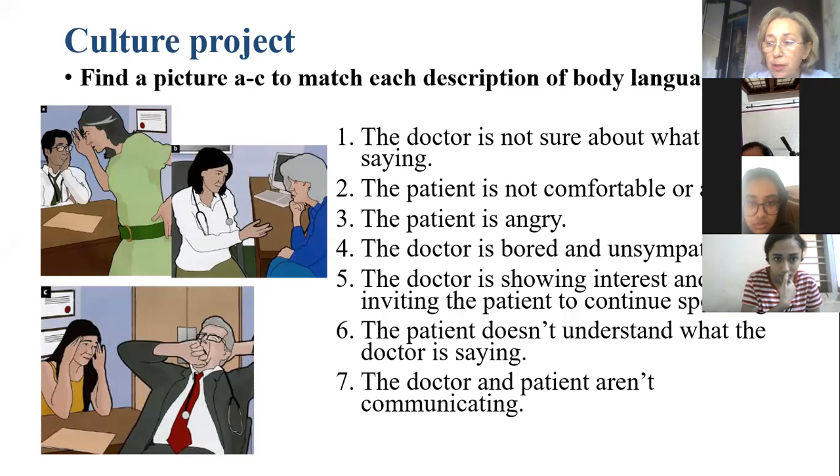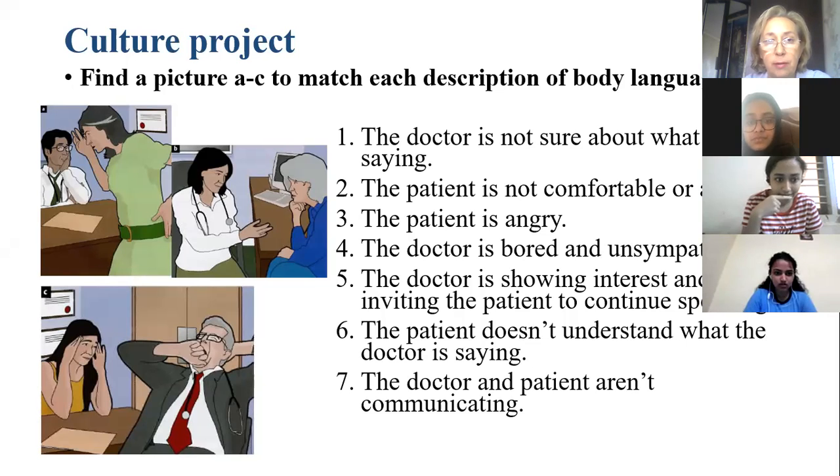Read the first sentence, please. The doctor is not sure about what he is saying. Which picture illustrates this situation? A, B, or C? Yes, A, because the doctor keeps his hand on his face.